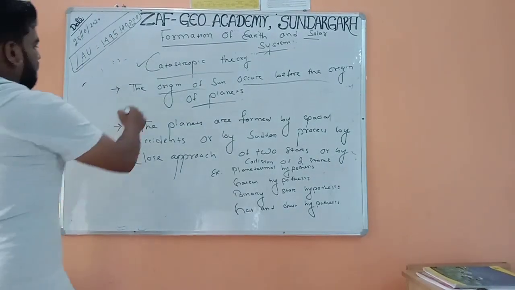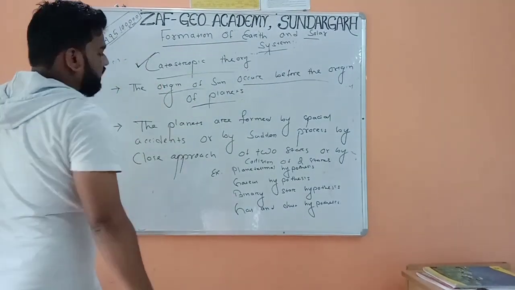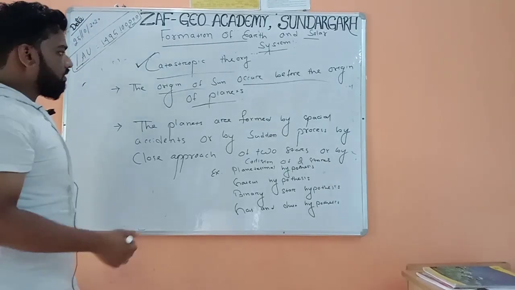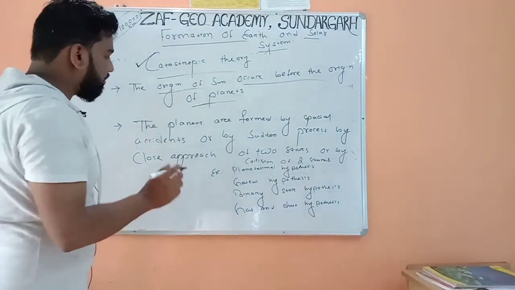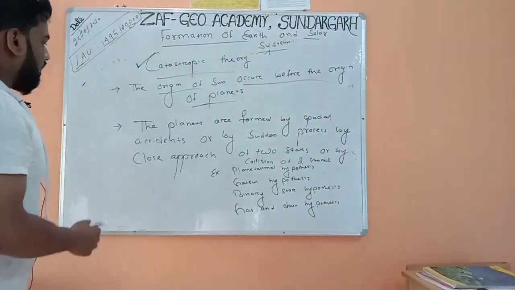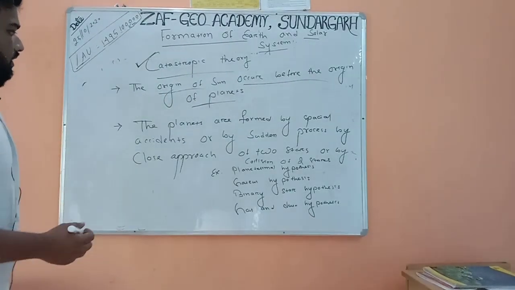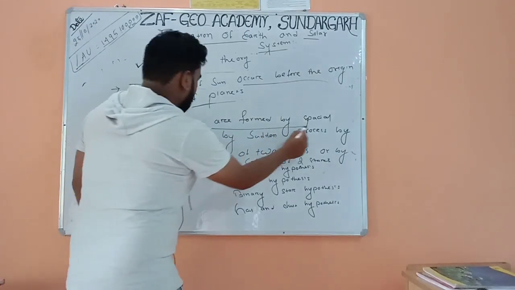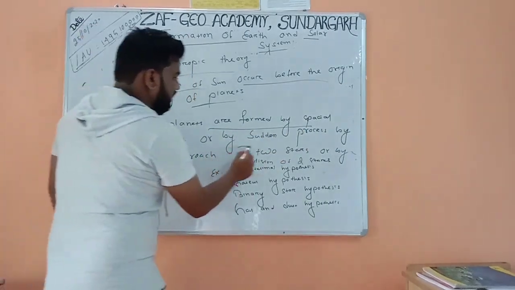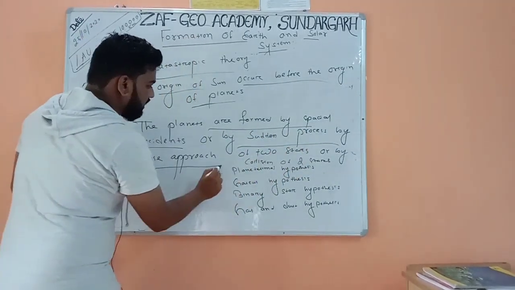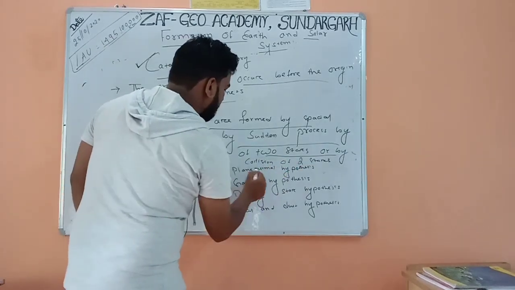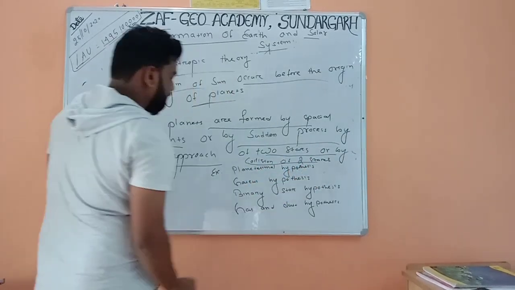This group-level catastrophic theory states that the sun originated before the planets. The second important point is that the planets were formed by special accidents or a sudden process, by the close approach or collision of two stars.